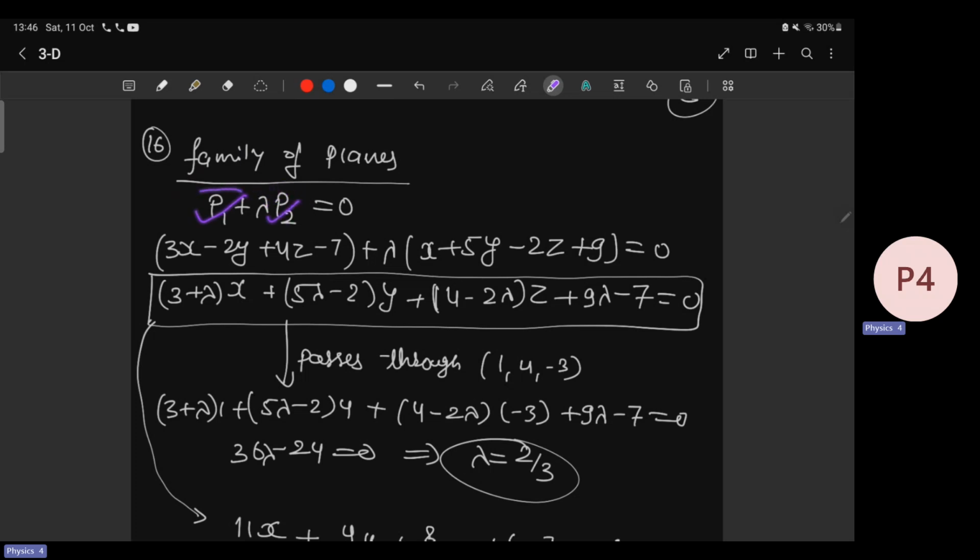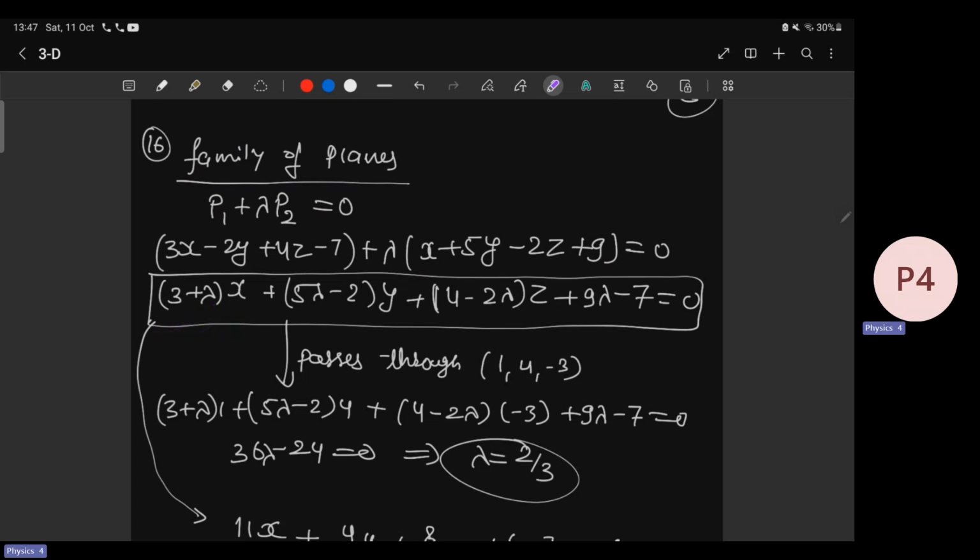All the planes passing through the line of intersection of P1 and P2 are P1 plus lambda P2. So the required plane is P1 plus lambda P2 equals 0. P1 is this one, P2 plane is here, and now P1 plus lambda P2 is this.